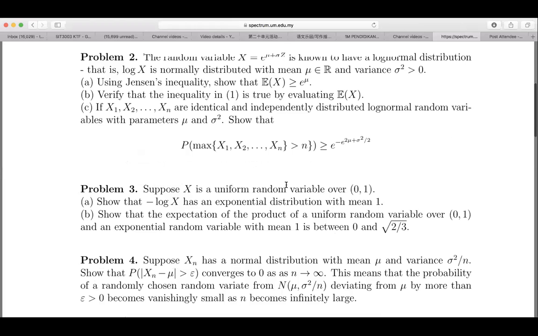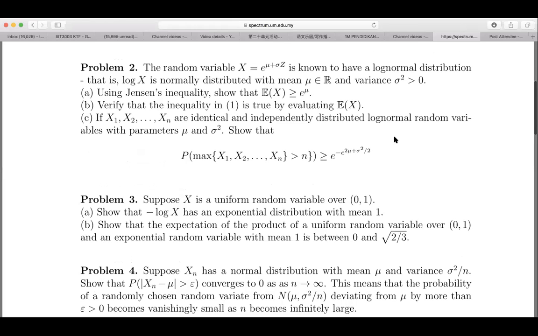Then question 3 also, okay. So simple use of distribution function method, and then just applying a suitable inequality. Right? It should be simple enough, this one.